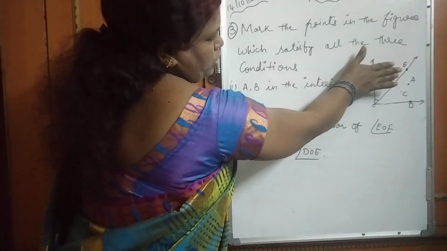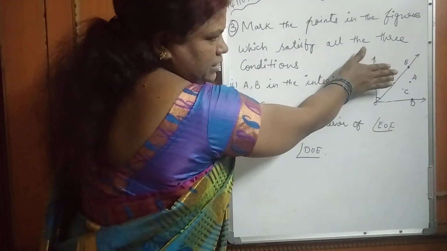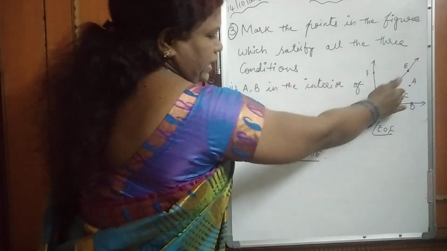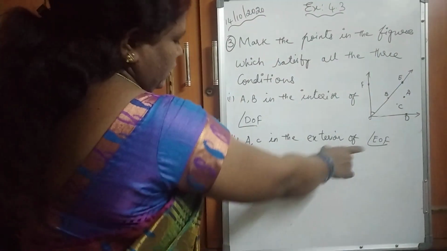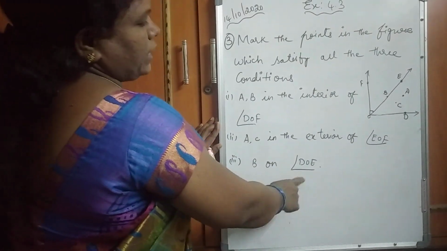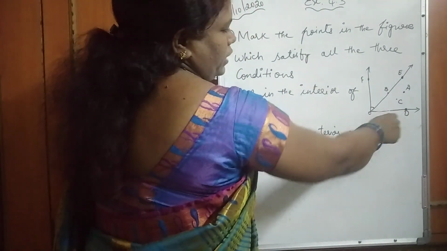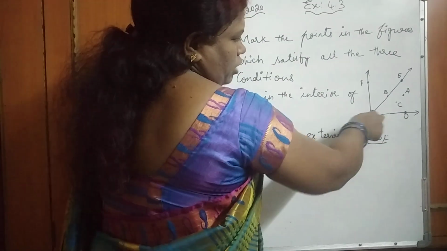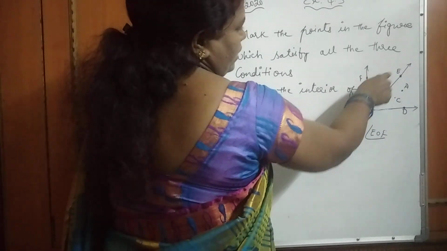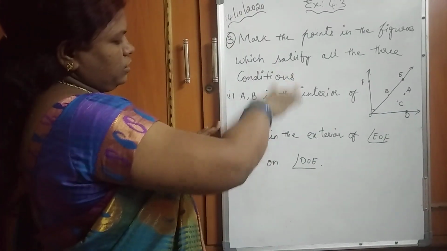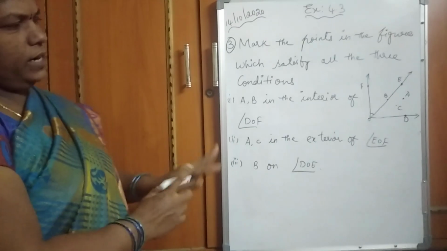This is the EOF region, and they are not inside, they are outside. B on angle DOE: the B point is not lying on the line, it is lying inside, in the interior. So all the three conditions are satisfied.